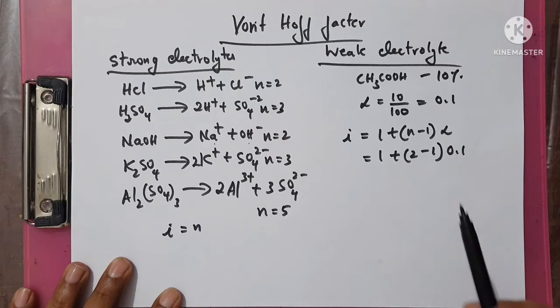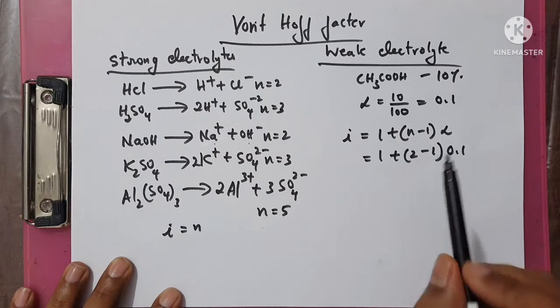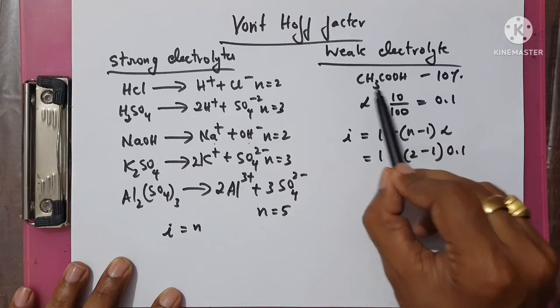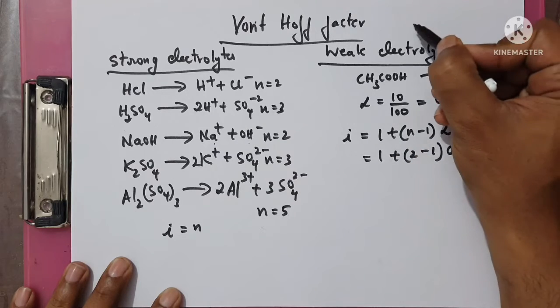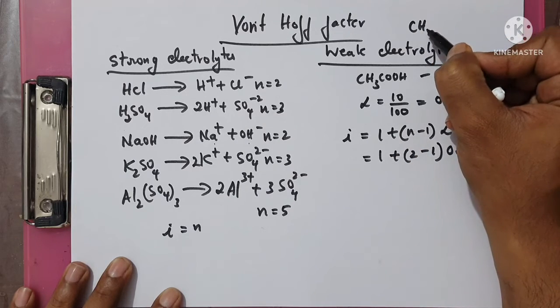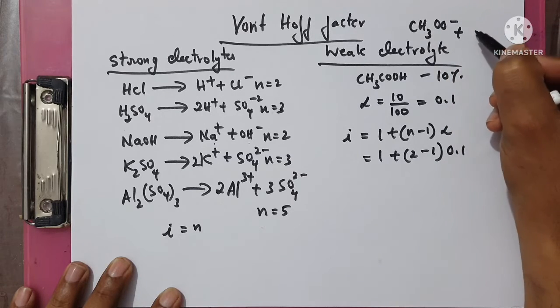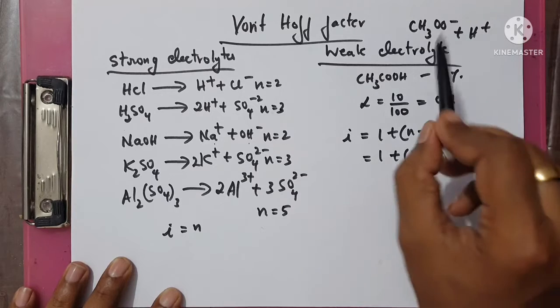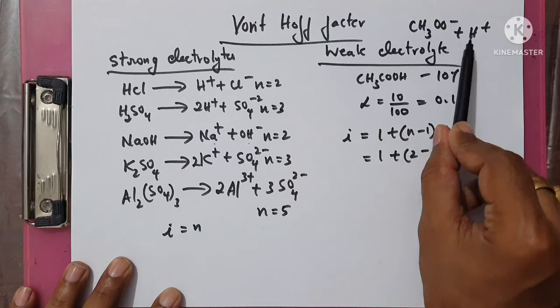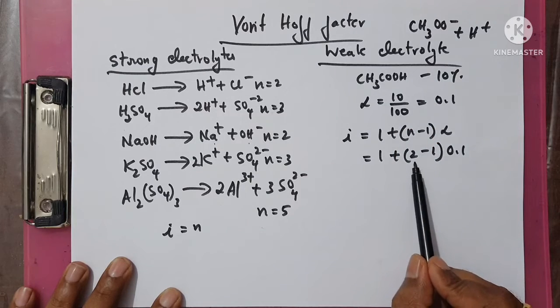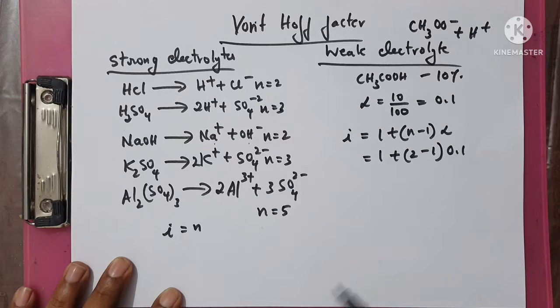You may be thinking from where is this 2 coming. When acetic acid undergoes dissociation, children, you can observe here, I'll write here CH3COO minus 1 ion and one more H plus ion. Totally how many ions are here? 1 and 2. That is what n value I have taken as 2. Hope it is clear. Now we'll go further.